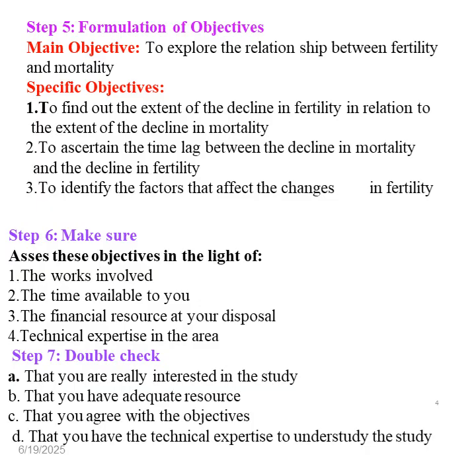Step number 7, double check. You have to check everything all the time. In research, you have to write, write, and also rewrite, or double check. Check that you are really interested in the study, that you have adequate resources, that you agree with the objectives, and that you have the technical expertise to understand the study.